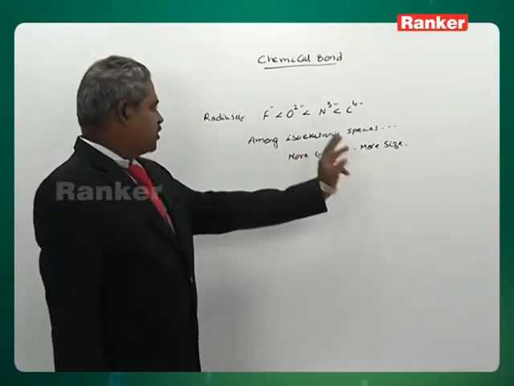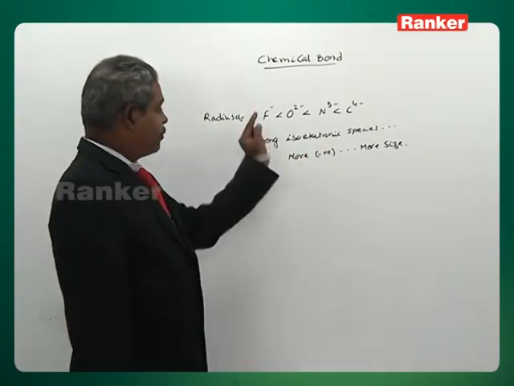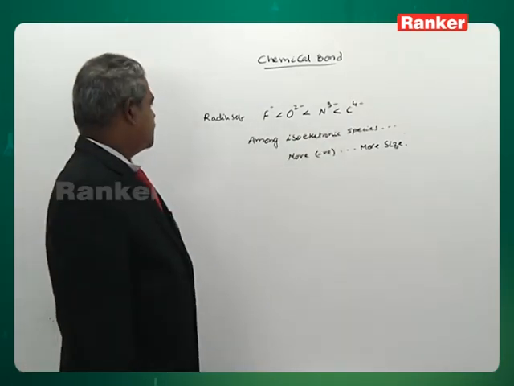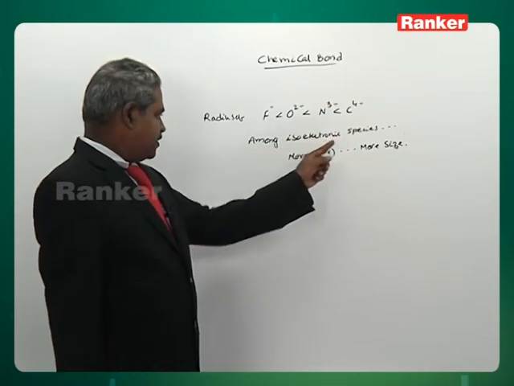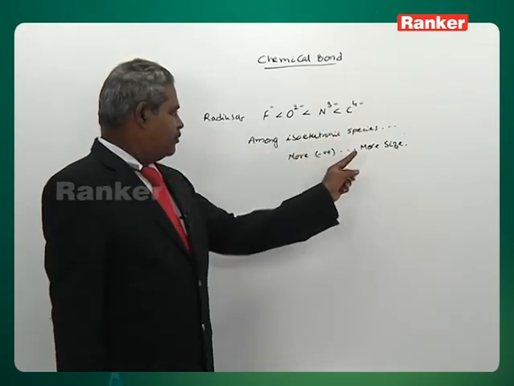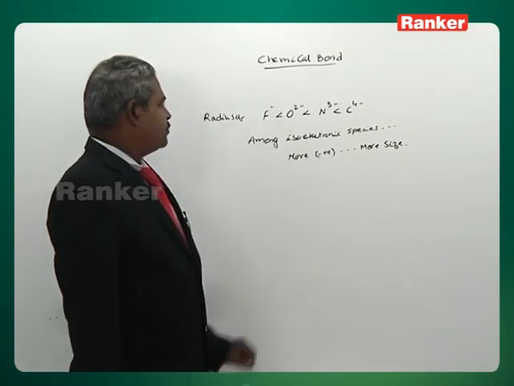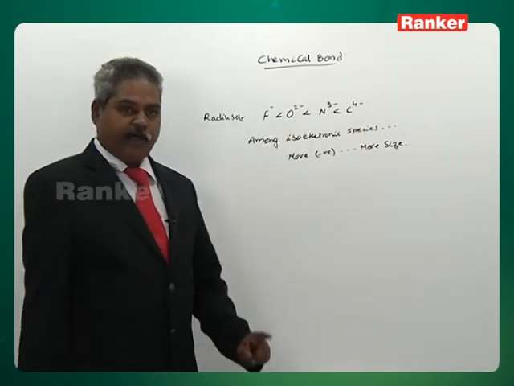And of course, opposites are opposite. I need not say more positive, less size. More positive, less size. So, among isoelectronic species, more negative, more size. This is one principle that helps you in finding ionic radii.